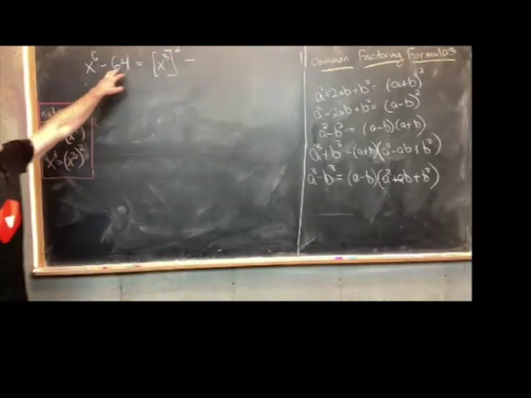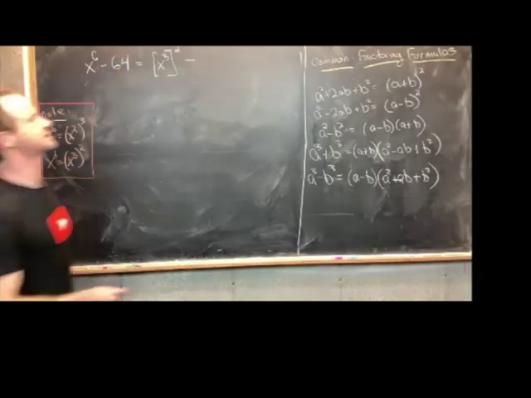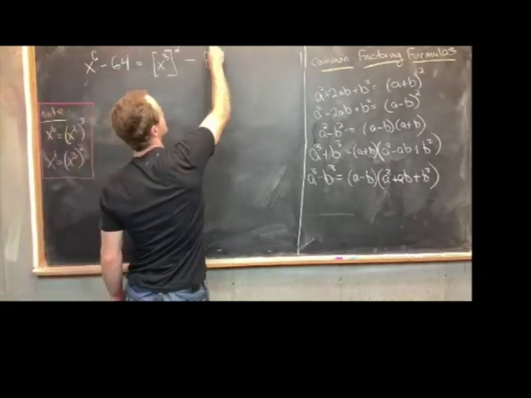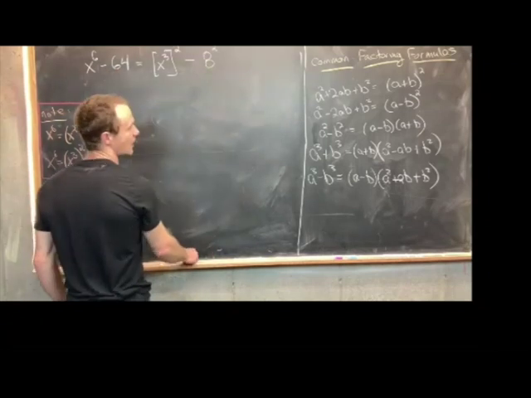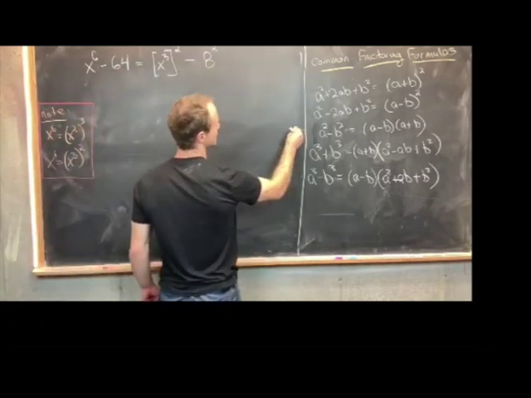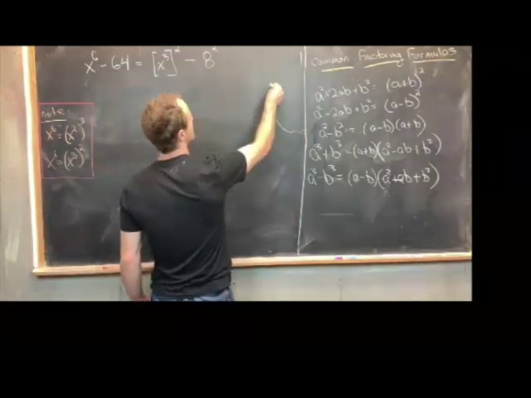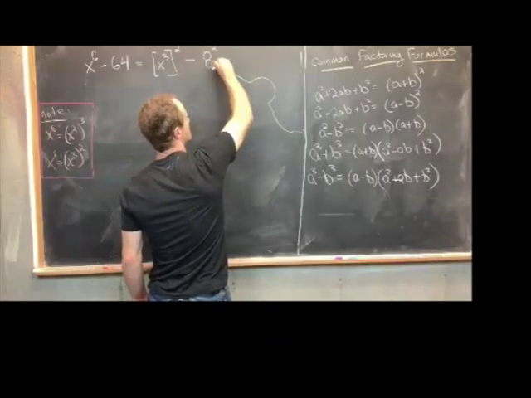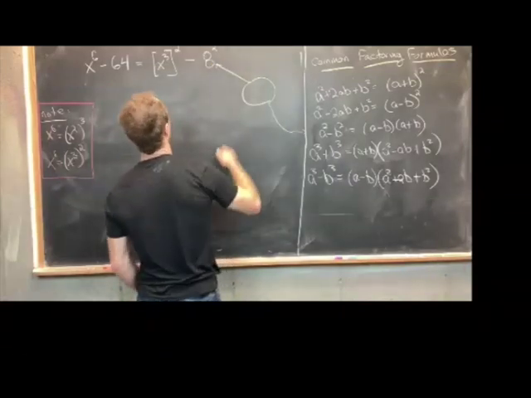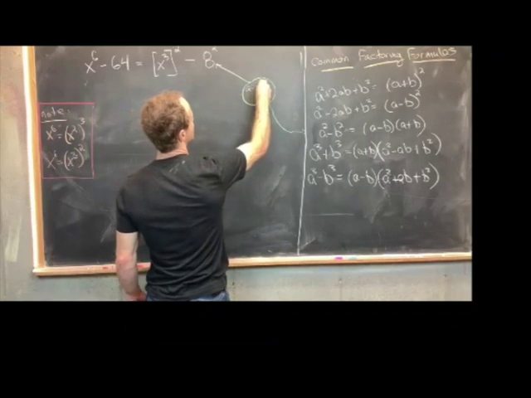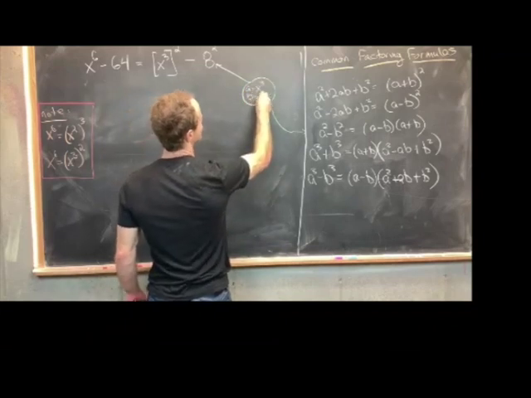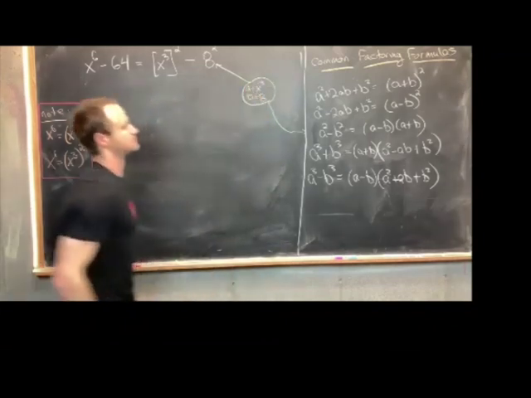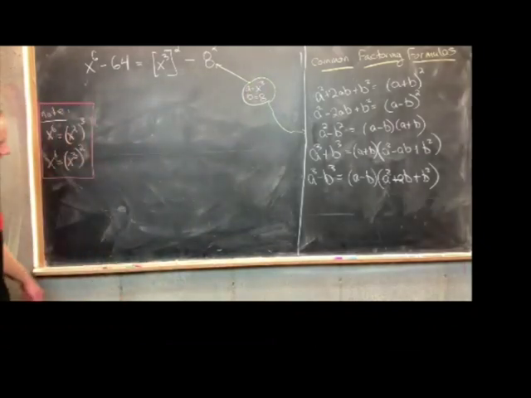Now I want to think about 64 as something squared, but 64 is 8 squared. So in other words, I'm using this difference of squares formula with a equals x cubed and b equals 8. So that's how I'm applying that difference of squares formula.